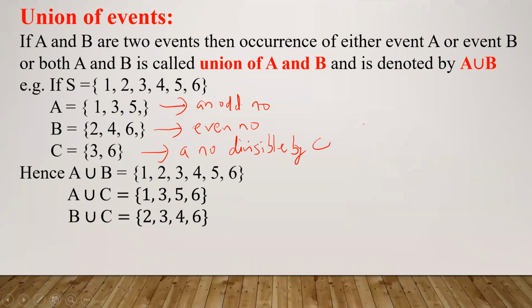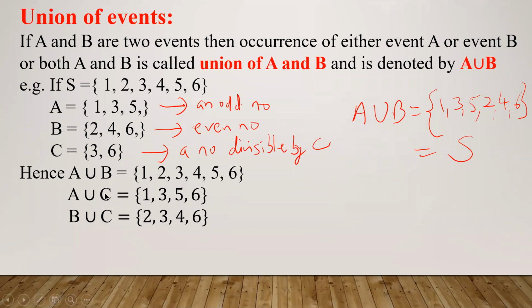To write down the union of two events, you first write down the sample points of A. What are the sample points in A? 1, 3, and 5. Then from B, we write down those sample points which we have not written here. They are 2, 4, and 6. None of them we have written here, so I will write them down. So A union B is 1, 3, 5, 2, 4, 6, which is nothing but our sample space S.